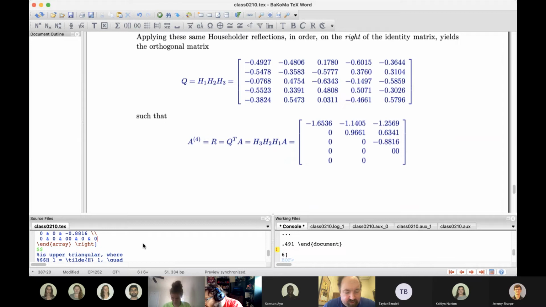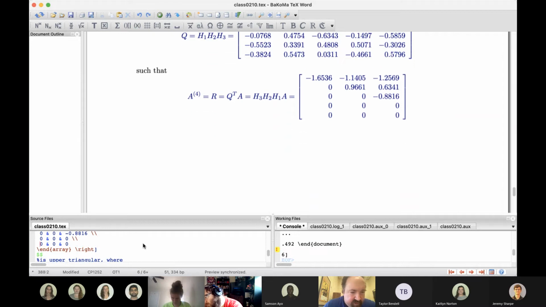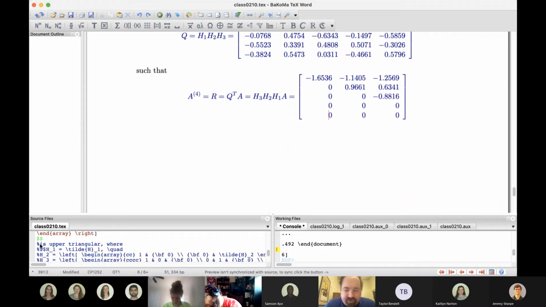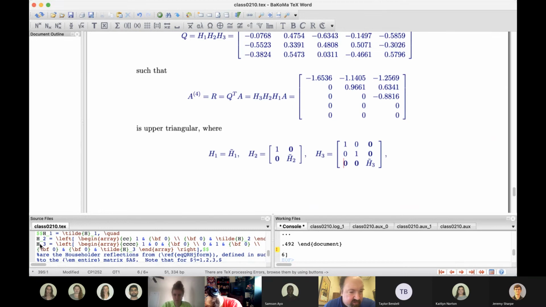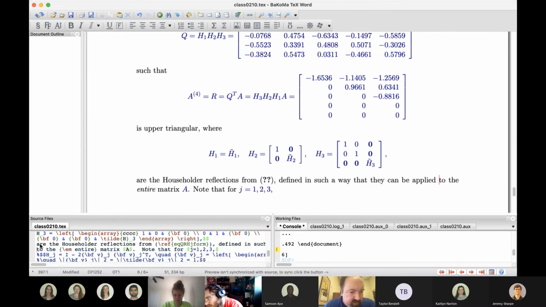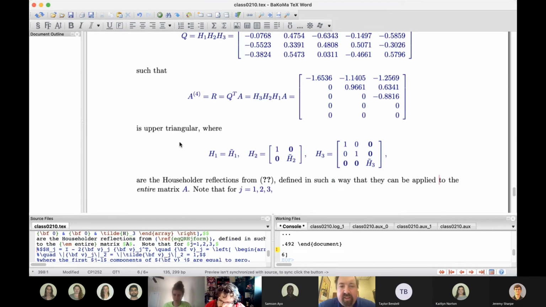Now, to fully show you what H1, H2, and H3 are: H1 is just the entire Householder reflection I used the first time. H2 is the Householder reflection to work on rows 2 to the bottom with a 1 here.